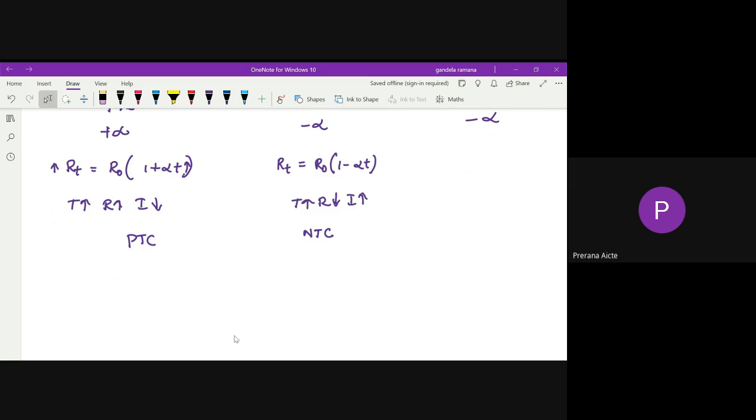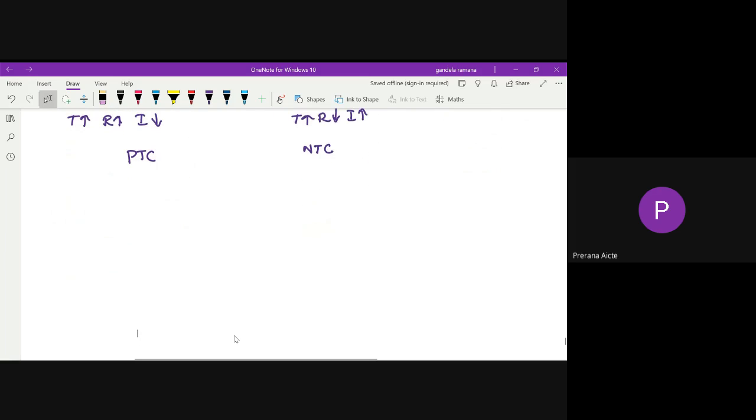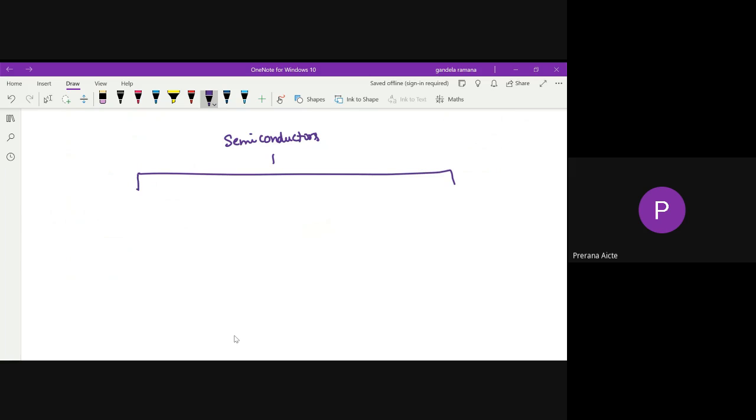We know very well semiconductors are of two types: intrinsic semiconductors and extrinsic semiconductors.